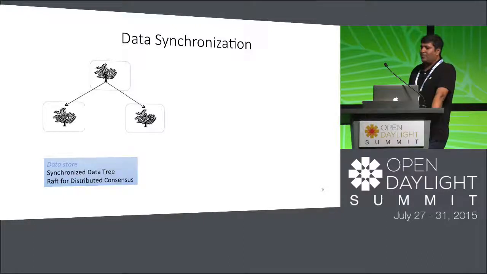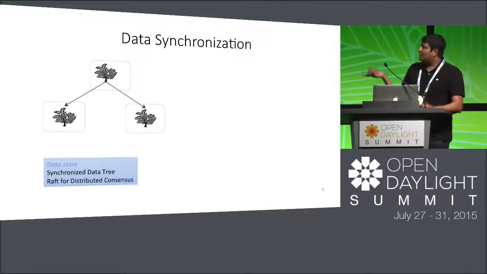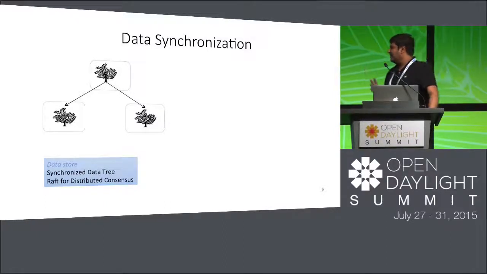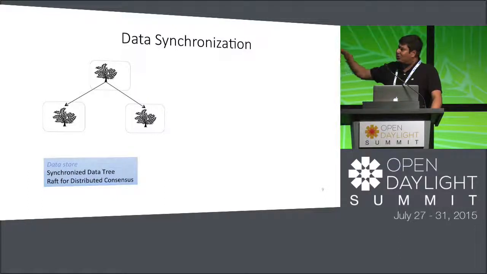Now we put that in one big tree, and we have to synchronize that tree for high availability. We have this data synchronization built into our data store, and we use an algorithm called Raft. I think you might have heard references to that before. We use that for consensus to make sure that all these trees look the same on each node. So that's basically the idea.